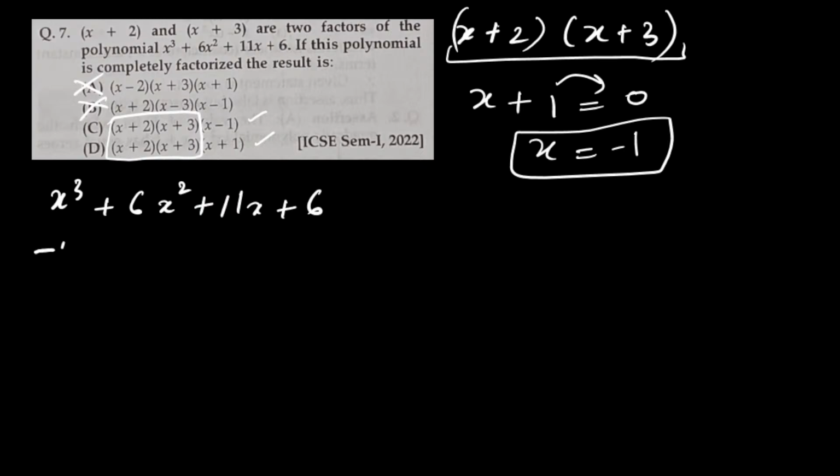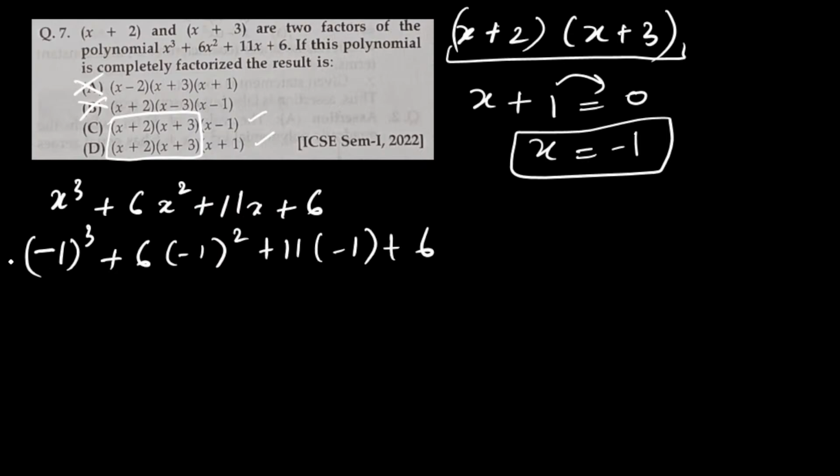So I am just substituting here. Minus 1 whole cube plus 6 into minus 1 square plus 11 into minus 1 plus 6. So minus 1's cube is minus 1, we did in the previous question also, plus 6 into, this is 1. Minus 1's square is 1 only, 6 into 1, 6. 11 into minus 1 is minus 11 plus 6.